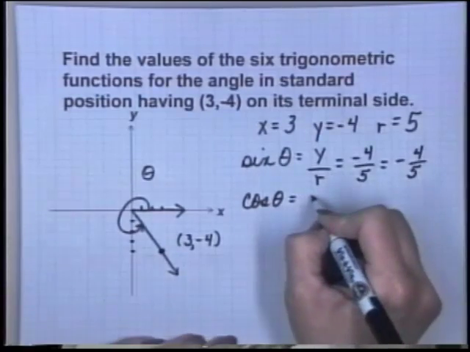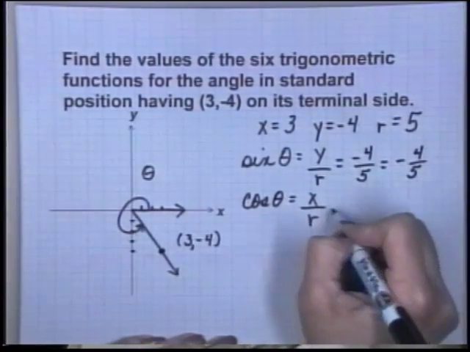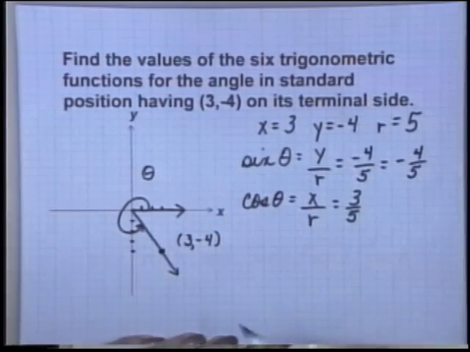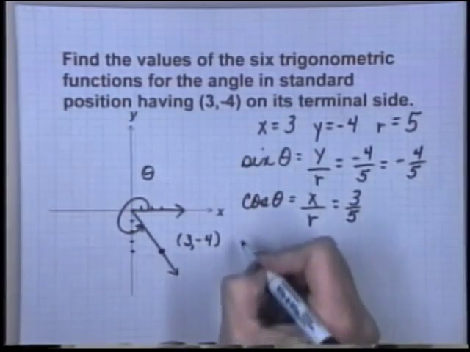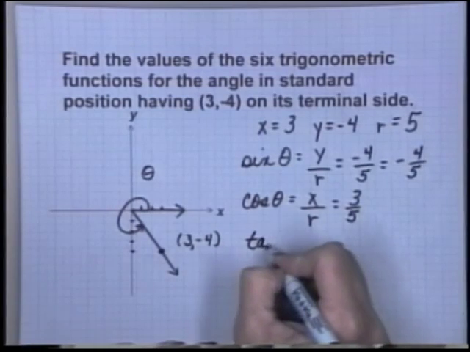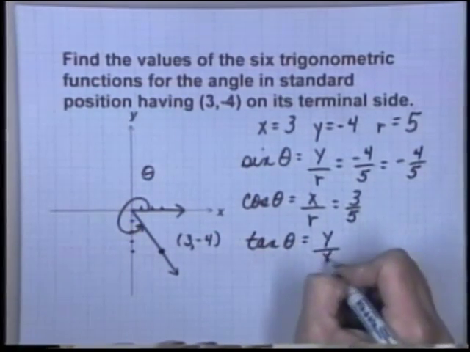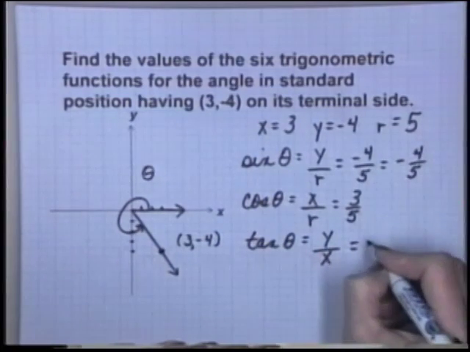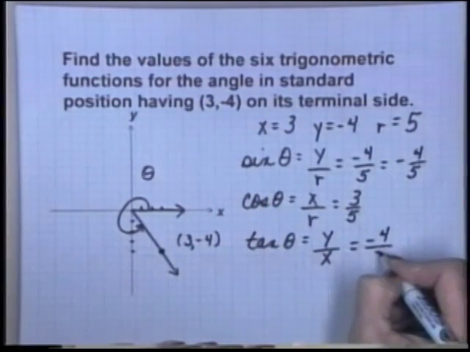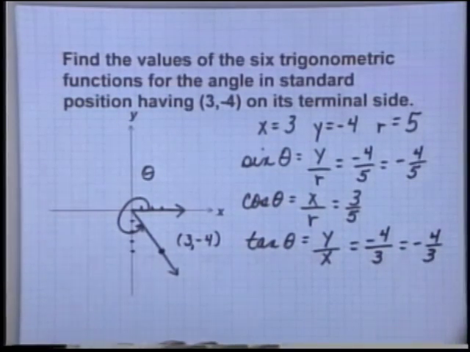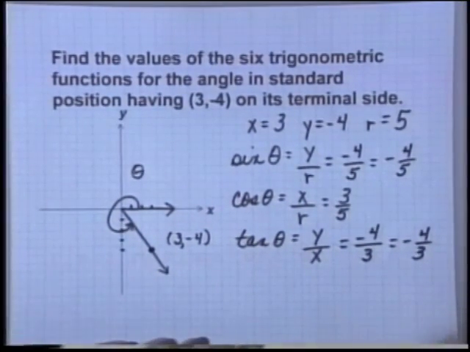For the cosine of theta, that's x divided by r. That would be 3 divided by 5, or we would just leave that as 3/5. The tangent of theta is y divided by x. That would be -4 divided by 3, which equals -4/3.